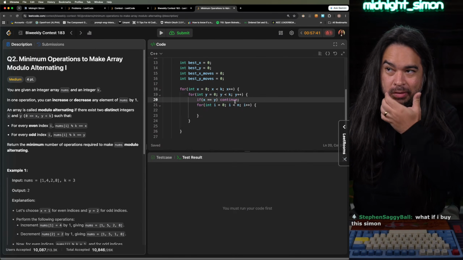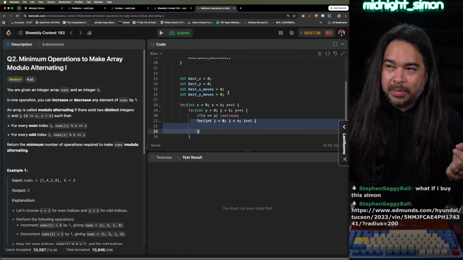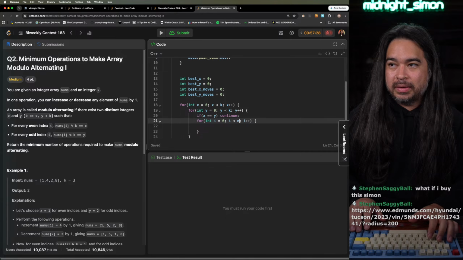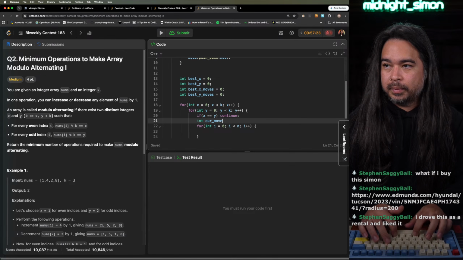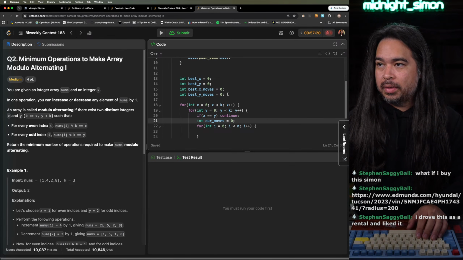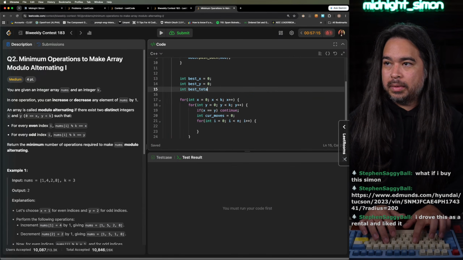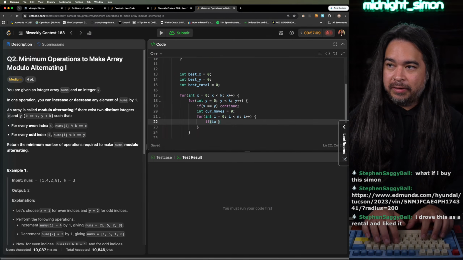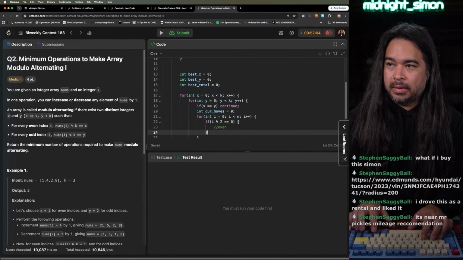Alright. So we're saying if X and Y are equal, we continue, we skip it. And now through here, we're going to count how many moves to get to that X or Y. Maybe I'll keep this. So I'm saying if this is even, do something.